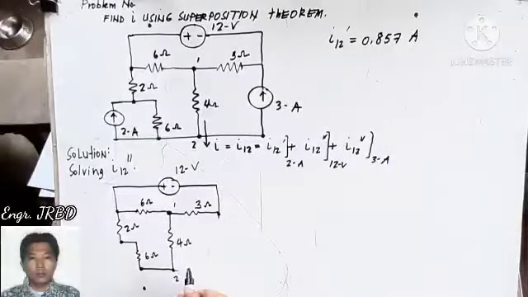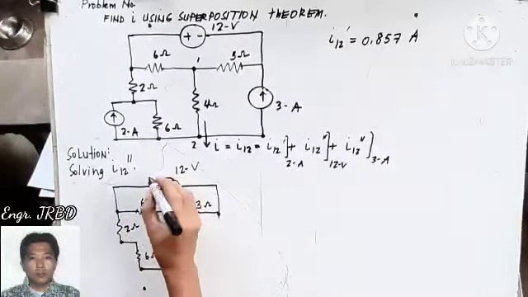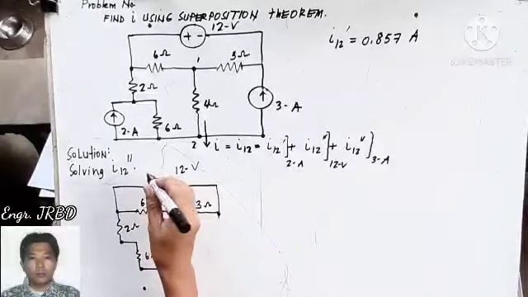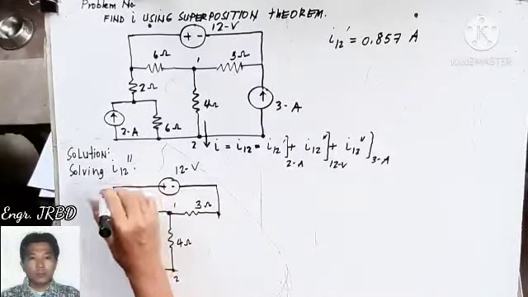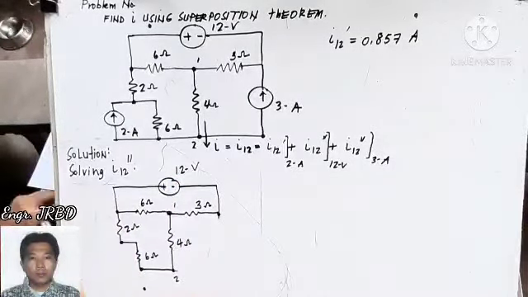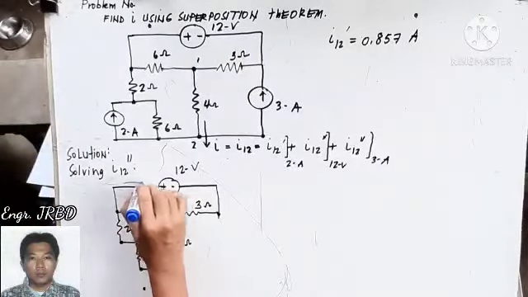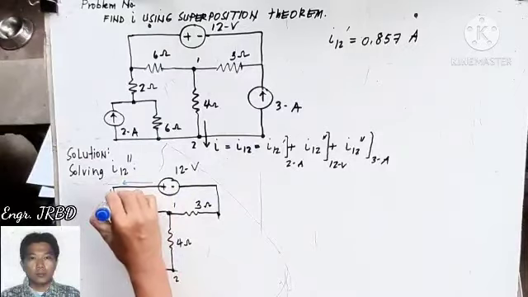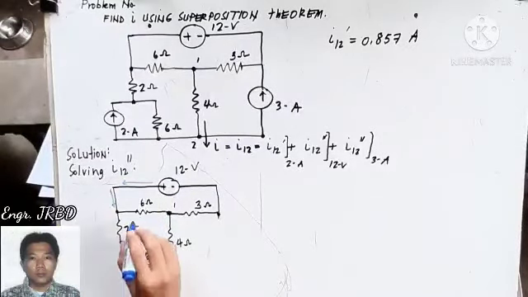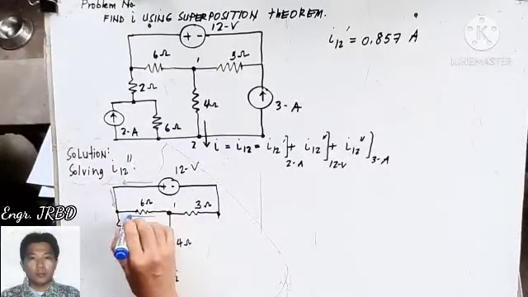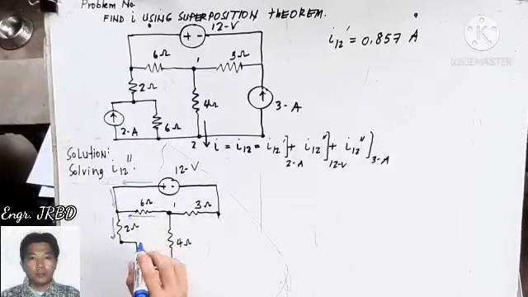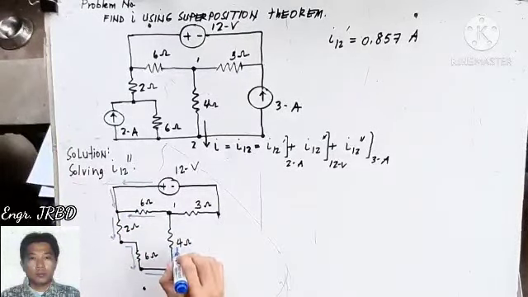The total current coming from your 12 volts is directed from right to left. So if it is directed from right to left, and the current will go down, it will split into two parts. One into your 6 ohms, the other into your 2 ohms.